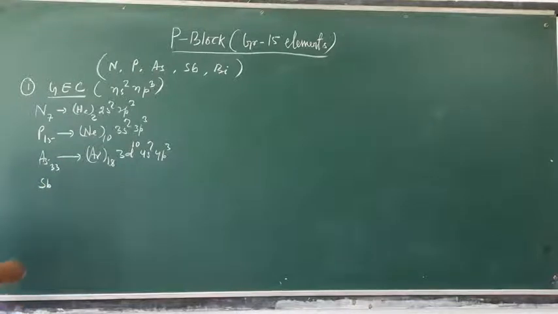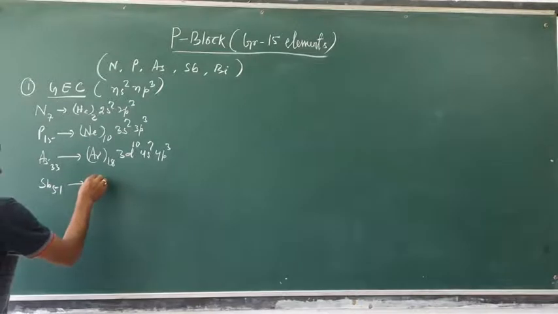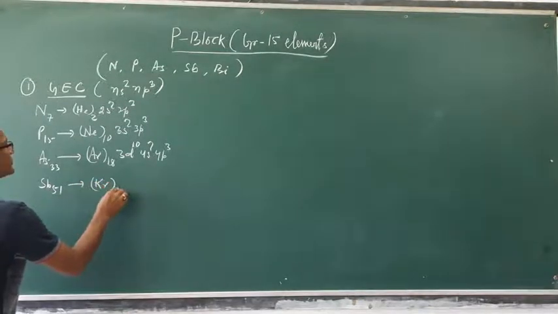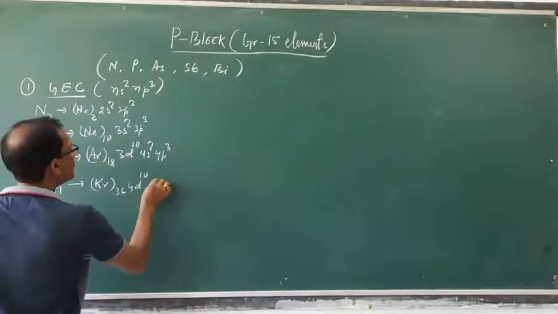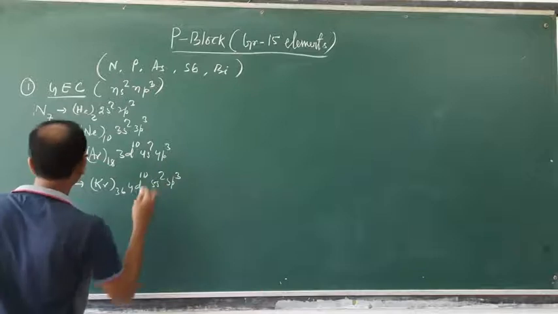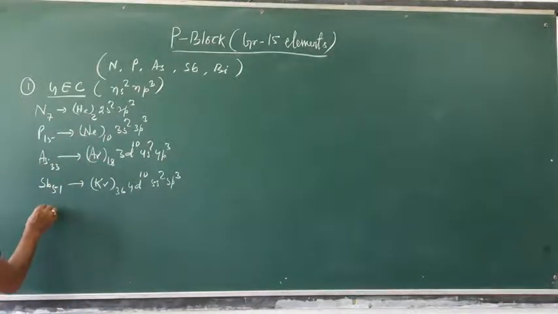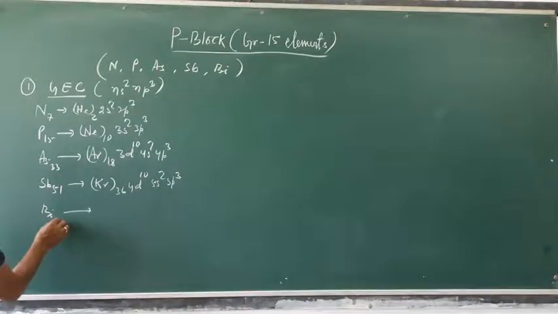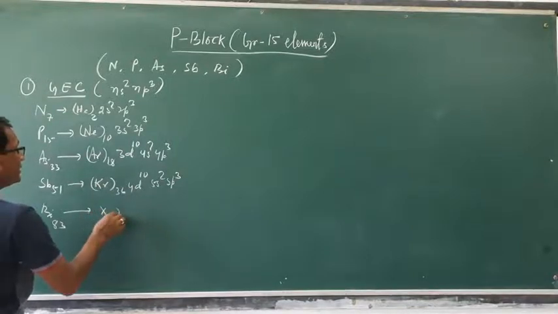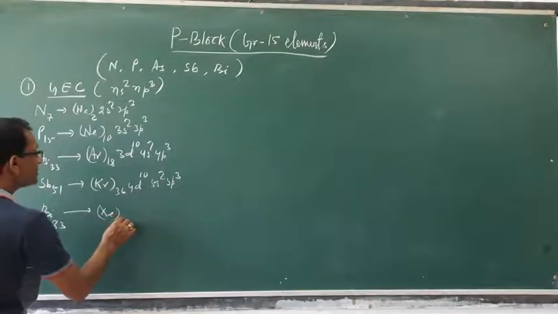Antimony, that is 51, will be krypton 36, 4d10, 5s2, 5p3. Then bismuth, that is 83, will be xenon 54.